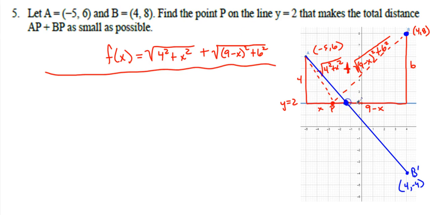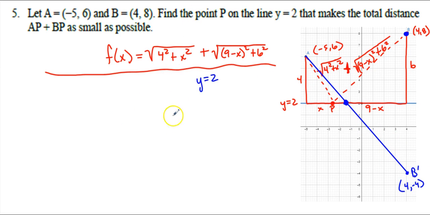Here's my actual point P. I know my P before was an estimate. I just kind of guessed and plotted it and used x and 9 minus x and all that other stuff. So this point right here is going to give me the actual point P. I know that P is on y equals 2. I just need to write the equation of this line.